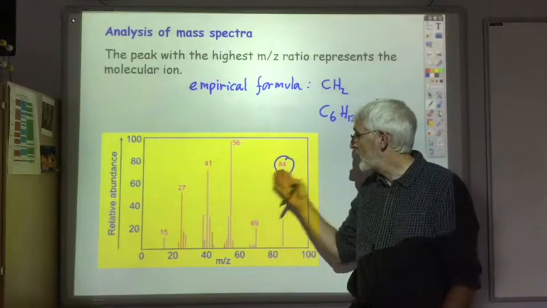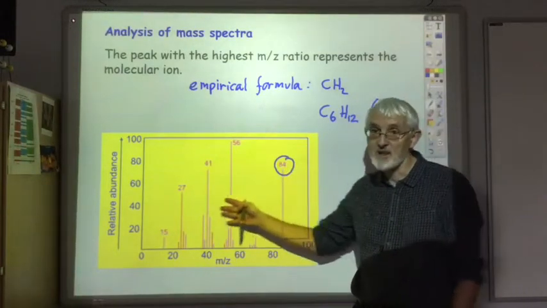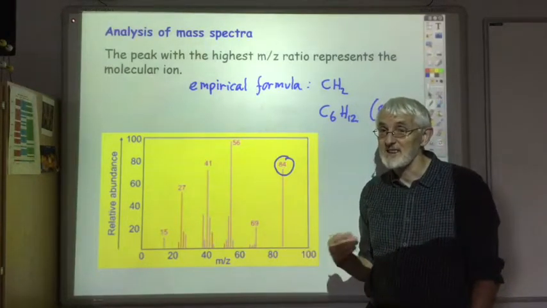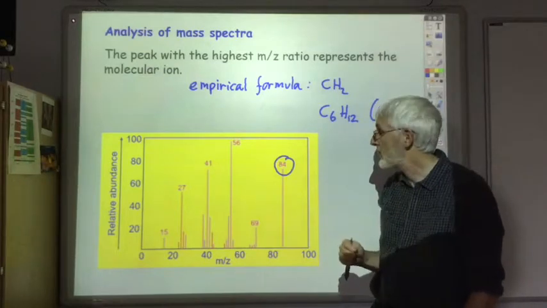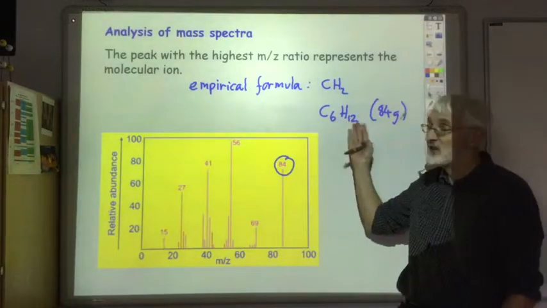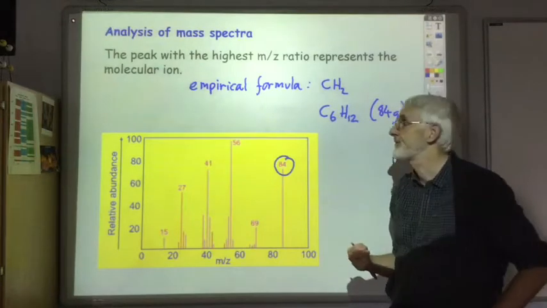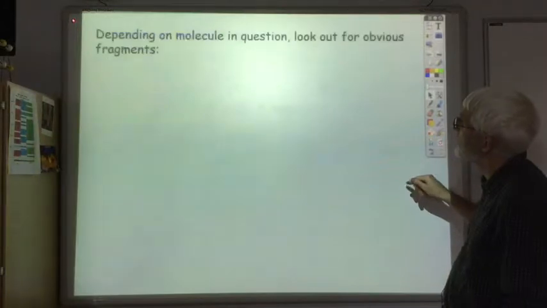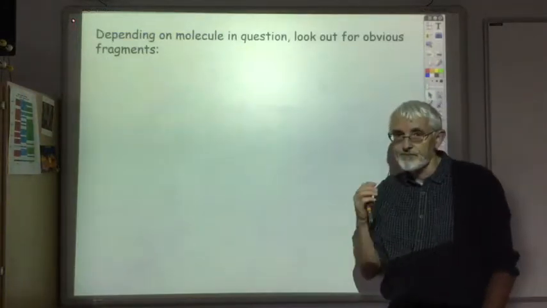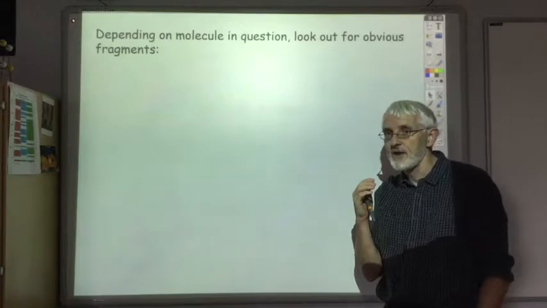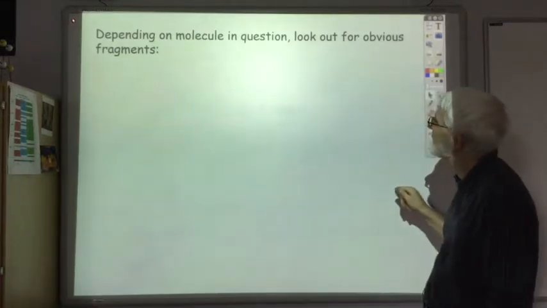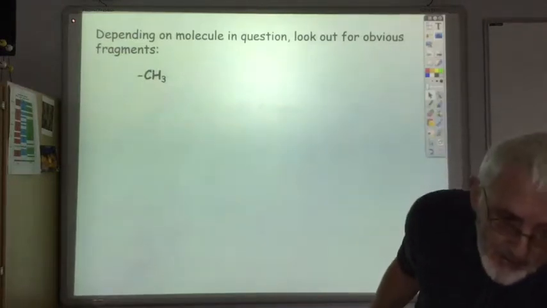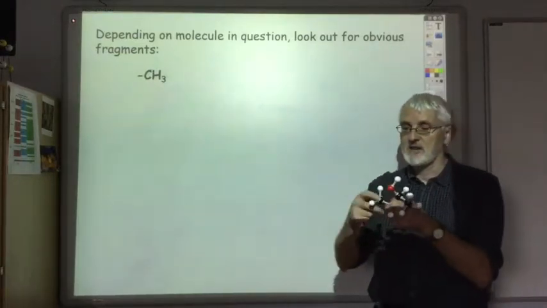All the peaks below the highest one are fragments of the molecule, and sometimes that can be very useful in trying to identify the exact structure of the molecule. Obviously C6H12 could have various structures. So there are some very common fragments that it's worth looking out for. I'll go back to my butan-2-ol here.